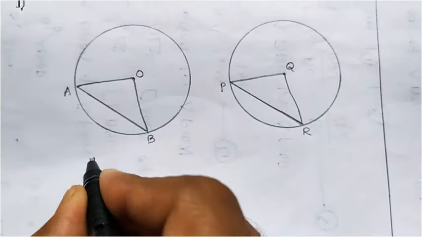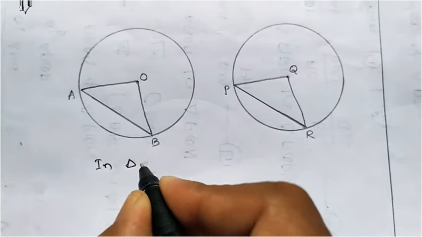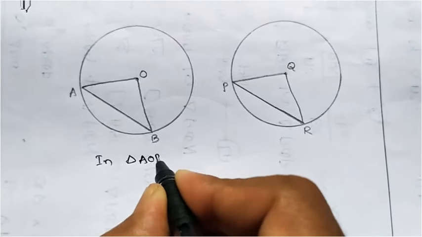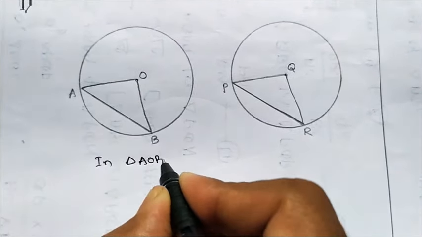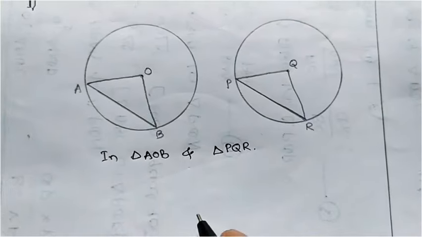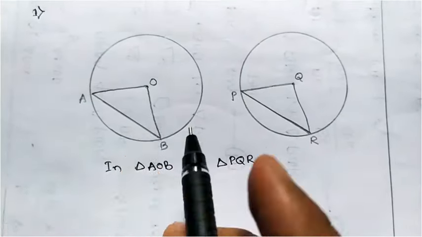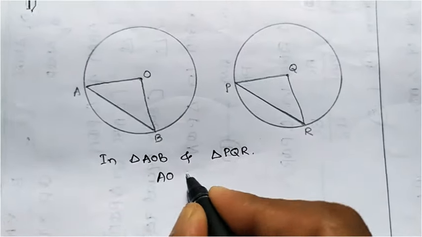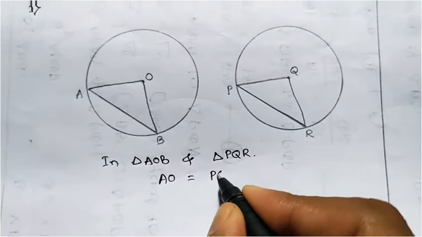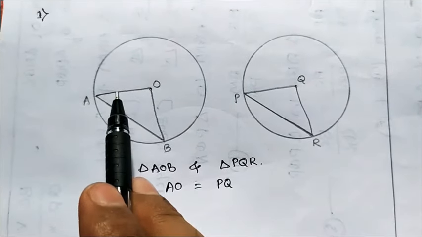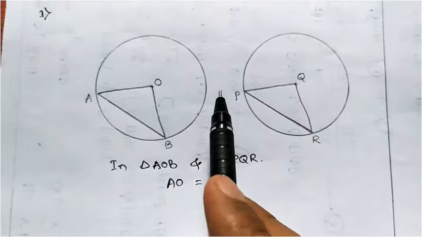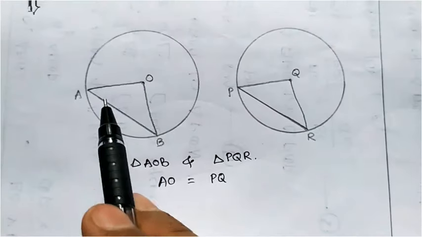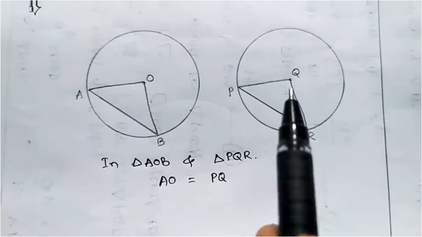So in triangle AOB and triangle PQR, first AO is equal to PQ, because this is also a radius and this is also a radius, and both circles are congruent, so the radii are also equal.